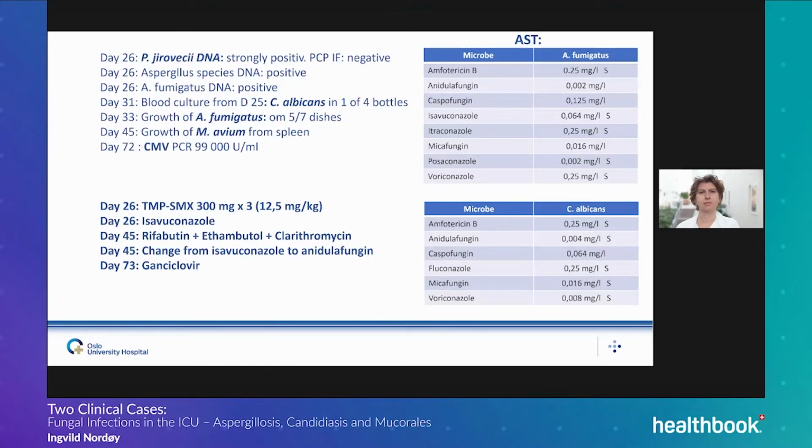And we do the DNA for Aspergillus species and also for Aspergillus fumigatus. They were both positive. And one might think, should we start treatment at this point? Certainly for the Pneumocystis, but do we really treat only on DNA findings in bowel fluid?